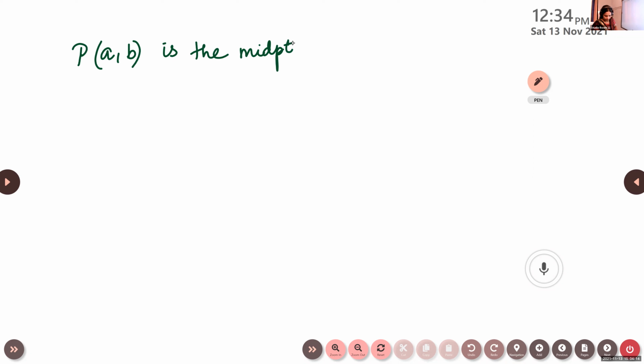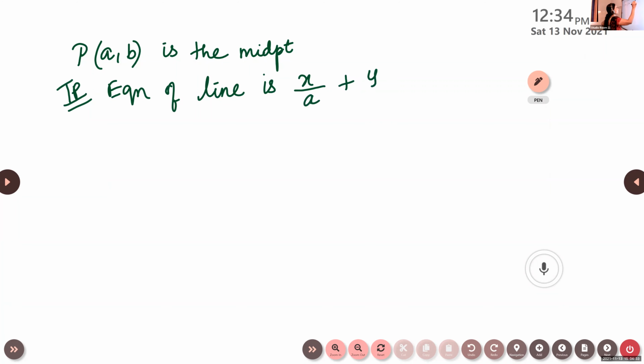Show that the equation of the line is x by a plus y by b is equal to 2.